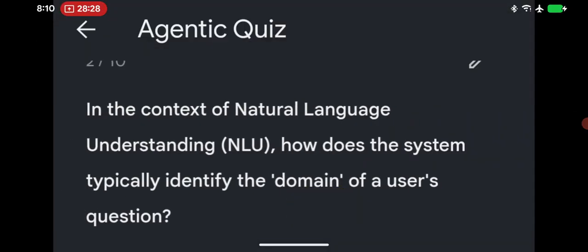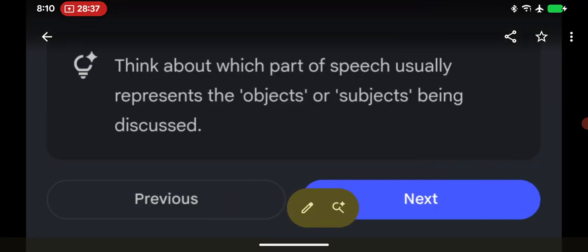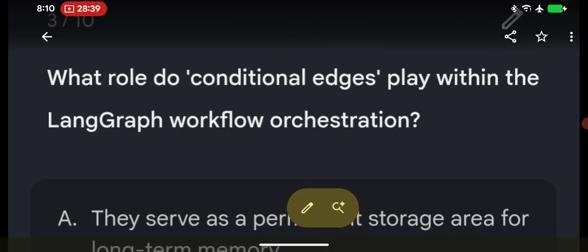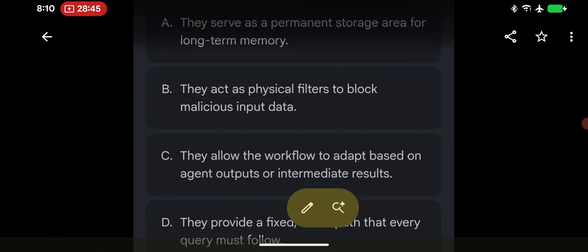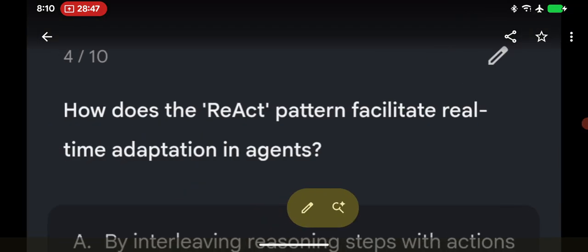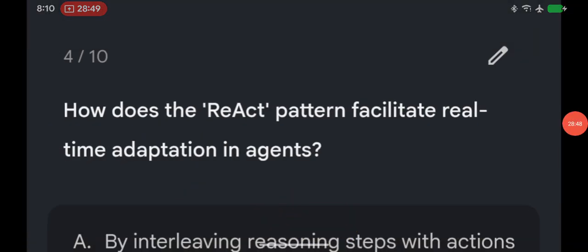The next question is, in the context of natural language understanding, how does the system typically identify the domain of a user's question? Next question, what role do conditional edges play within the LangGraph workflow orchestration? How does the ReAct pattern facilitate real-time adaptation in agents?